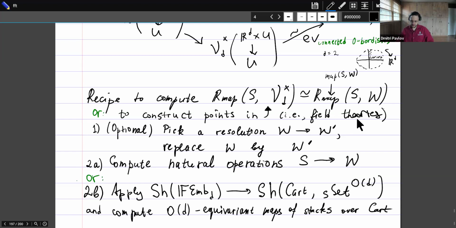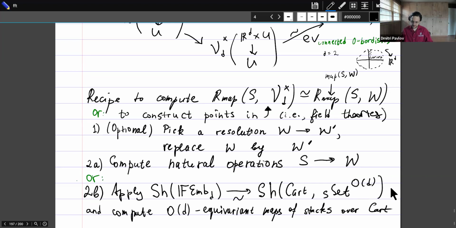And finally, after we are done with all this, we want to compute the ordinary mapping simplicial set using natural operations, or we can apply the equivalence from sheaves on the enriched site where both S and W currently live. There's an equivalence to sheaves on the Cartesian site with values in simplicial sets equipped with an action of OD.